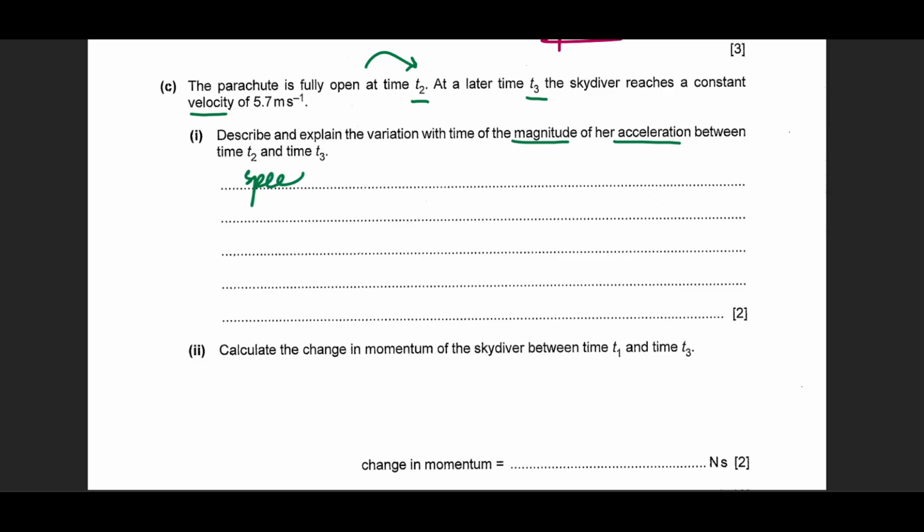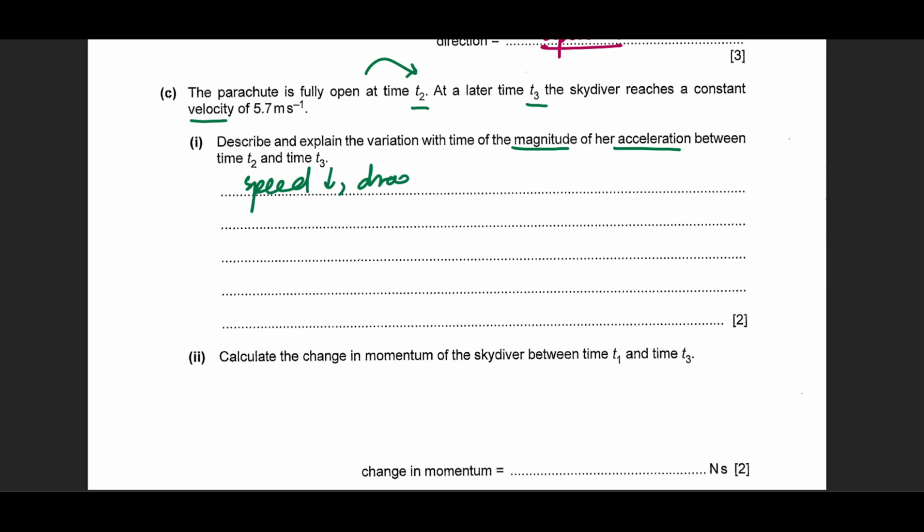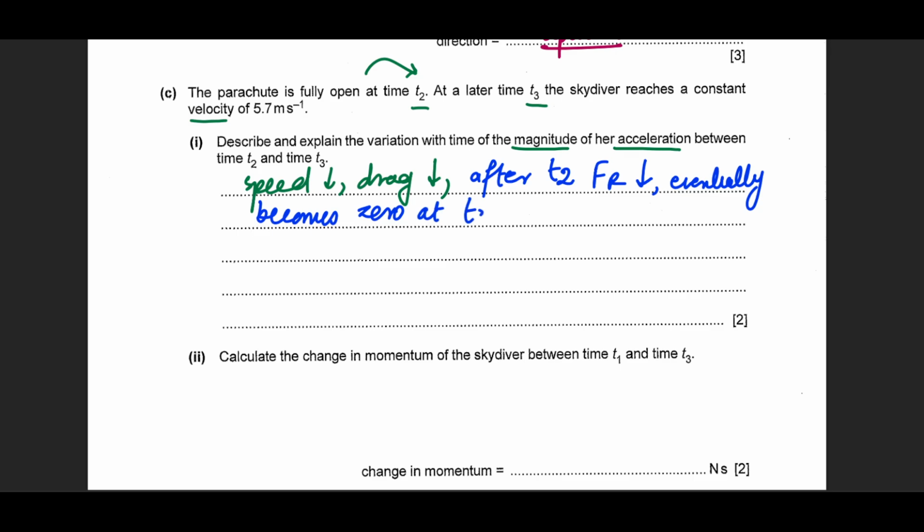The speed decreases, and as the speed decreases, because we have a deceleration, the drag also decreases because we know that they are directly proportional. And as the drag decreases, after T2, the resultant force also decreases. Since the resultant force is decreasing, it eventually becomes 0 at T3.